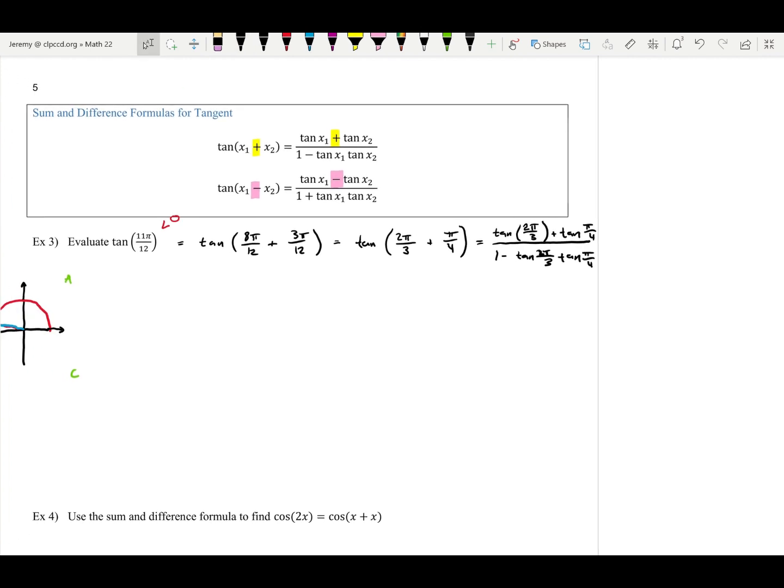Now I just have to evaluate tangent of 2 pi over 3 and tangent of pi over 4. Once I have those, I can substitute in those values.